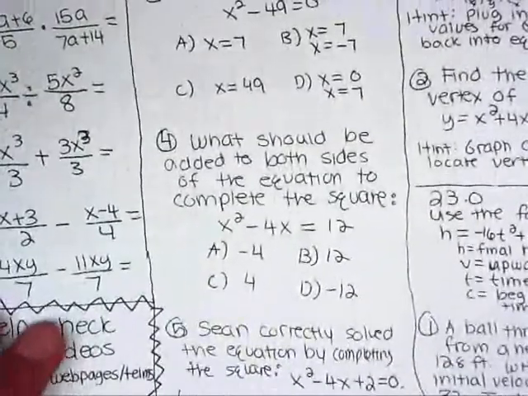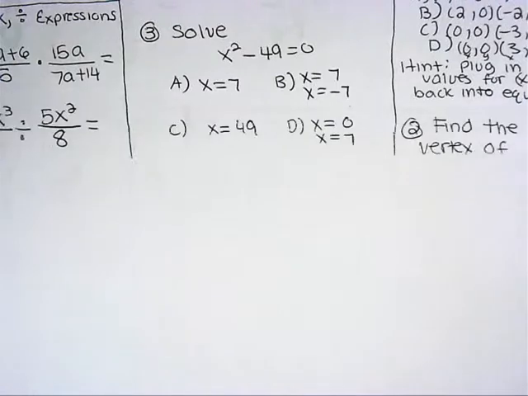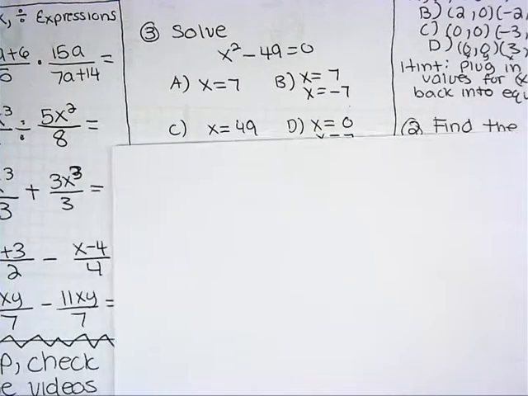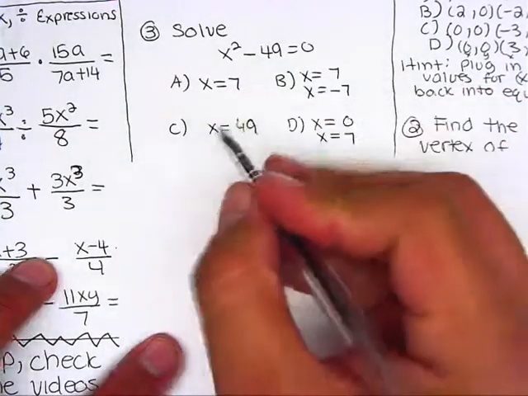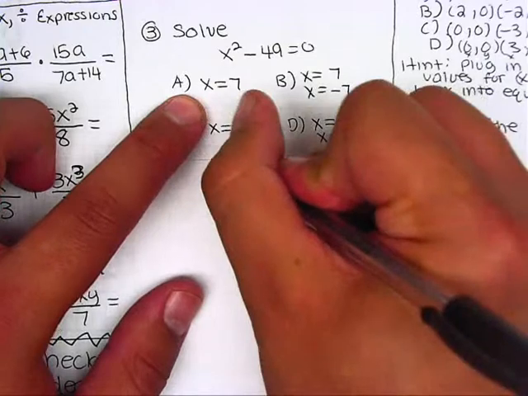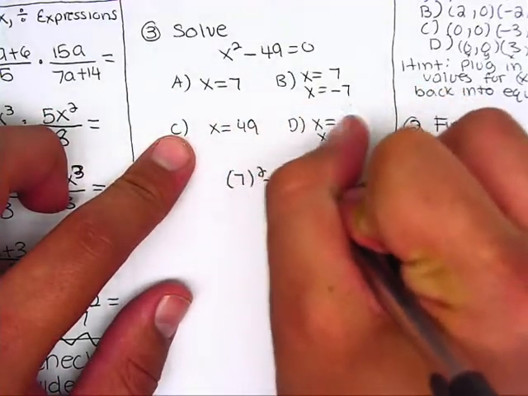Question 3. Tells me to solve x squared minus 49 equals 0. I'm going to plug in A first, 7. 7 squared minus 49 equals 0.